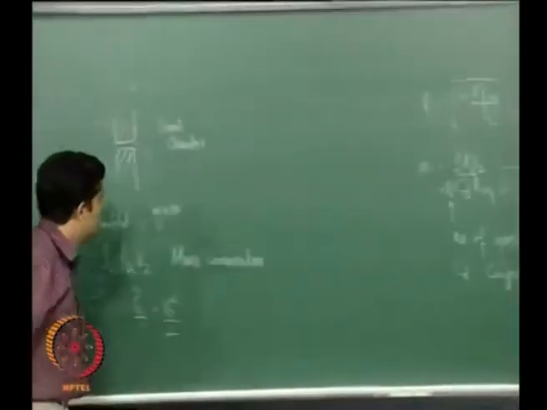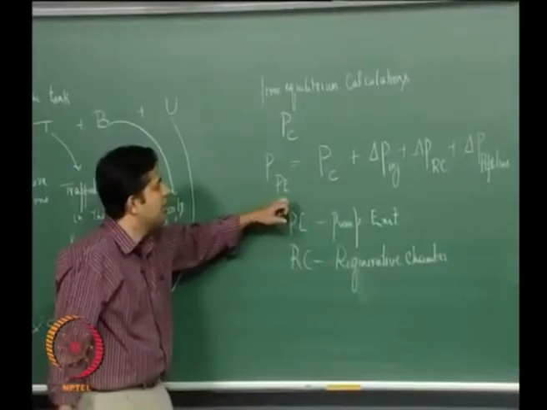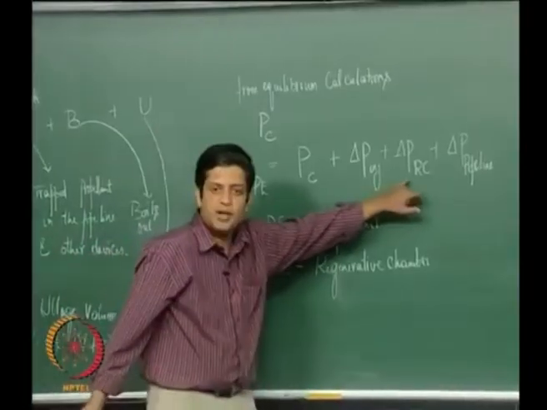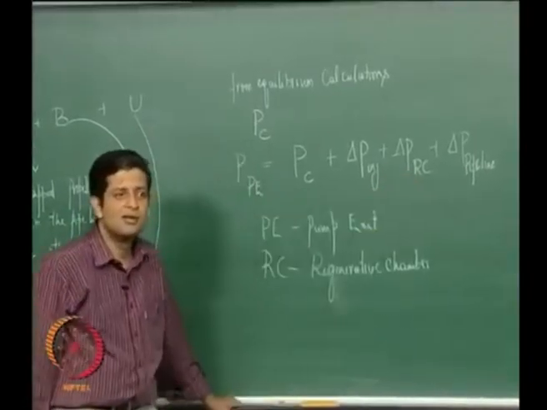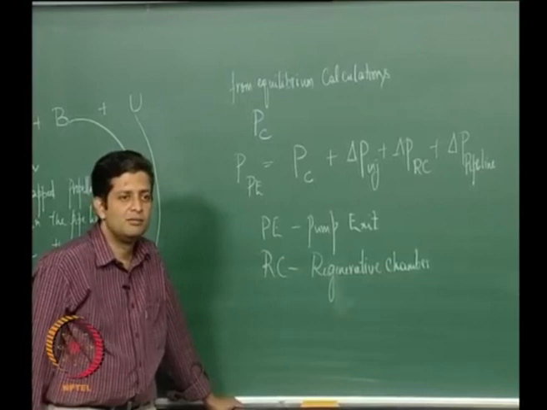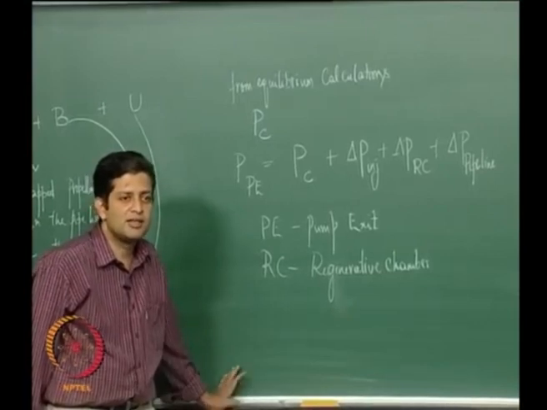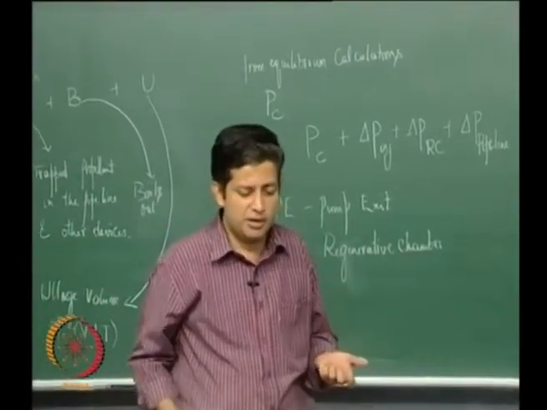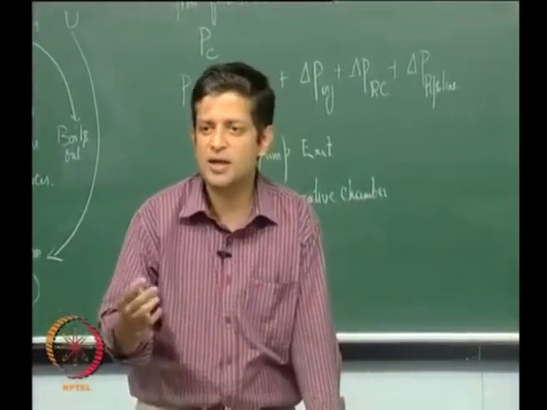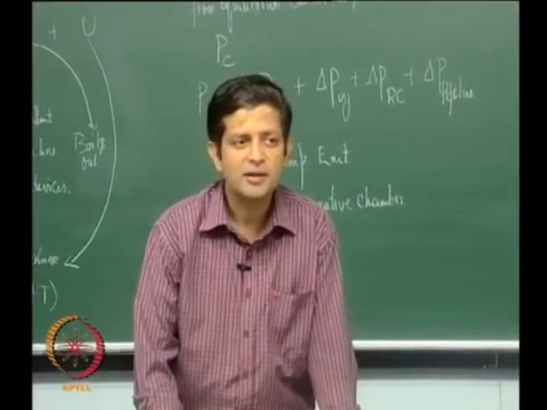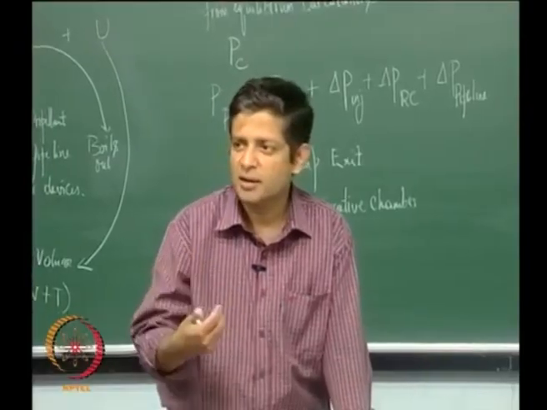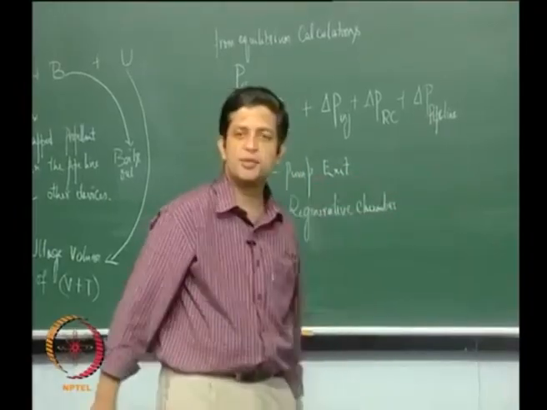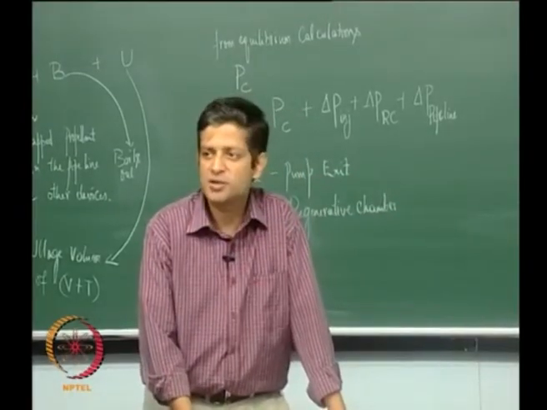Okay. So, then coming back to this equation, we know this, right. Now, how do we calculate this part? Delta P across the injector, regenerative chamber. If you remember, we had dealt with how to calculate the heat transfer coefficients and other things, right. There, if you know the mass flow rate, and again mass flow rate you will know, so you can use a similar relationship to calculate the pressure drop across the injector.